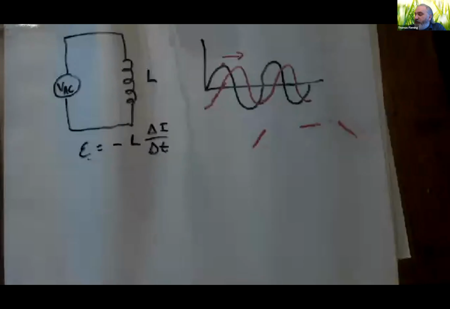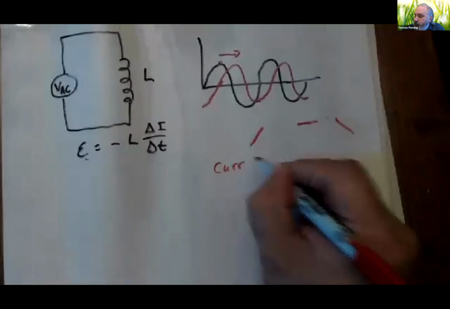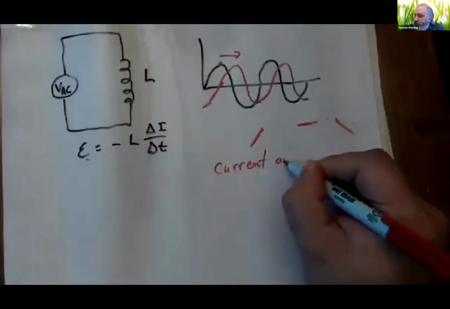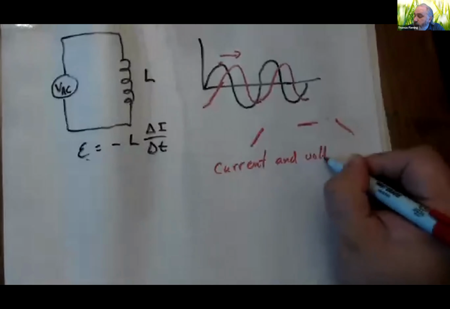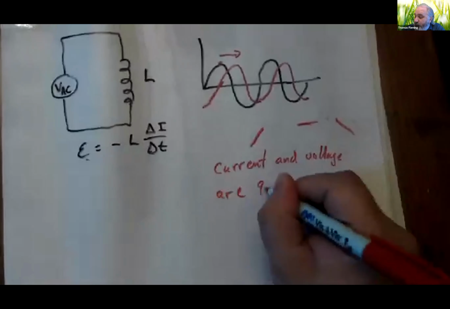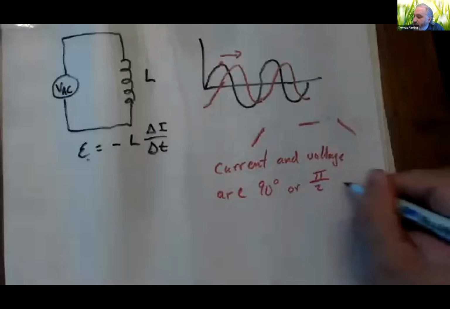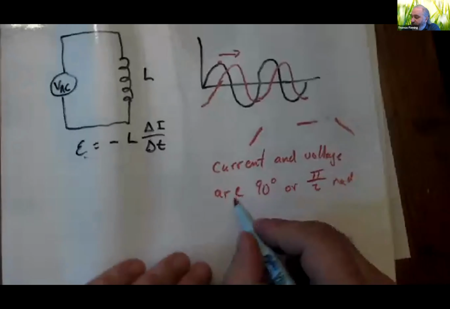So for an inductor, we say that the current and the voltage are, again, 90 degrees, or pi over 2 radians, out of phase.